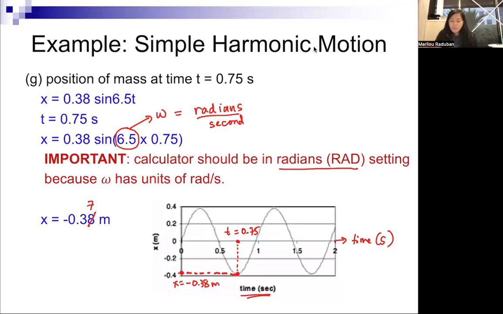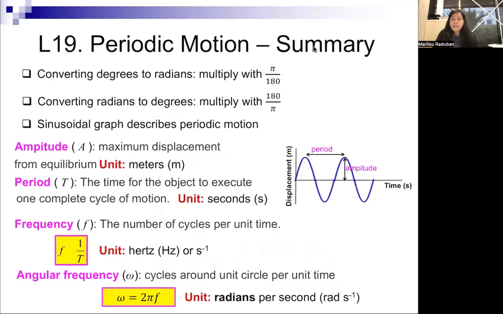Cool. Are we happy with the answers to these questions? How to interpret the equation and the graph? Good, right? Okay, that then ends our lecture for today on simple harmonic motion. Knowing how to get the amplitude and the period from the graph is the crucial bit, and knowing how to pick out the amplitude and the angular frequency from the equation.